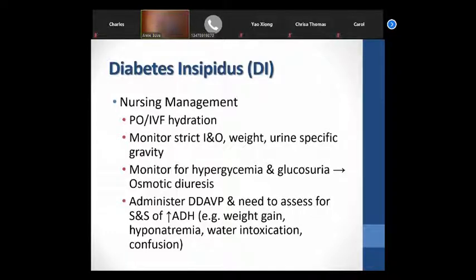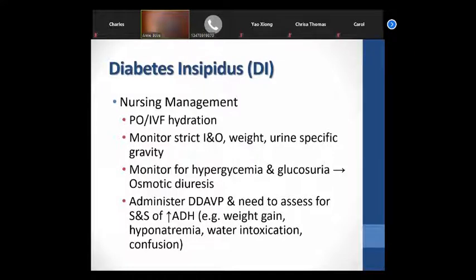You're going to look at the weight of the person. Remember, daily weights tell you fluid volume. Weekly weights tell you nutritional status.